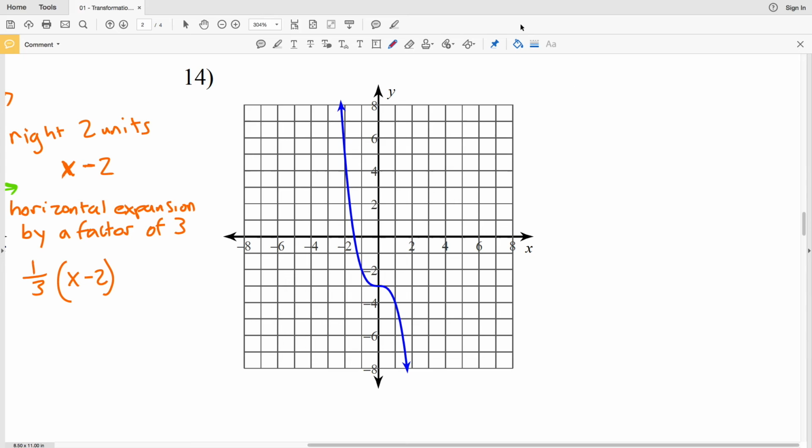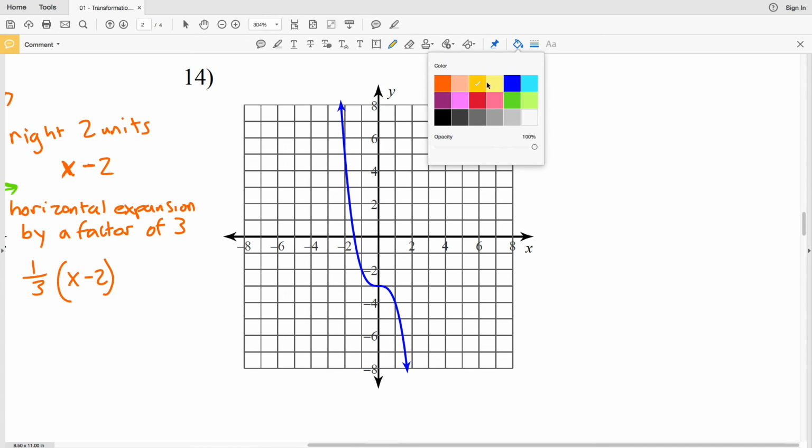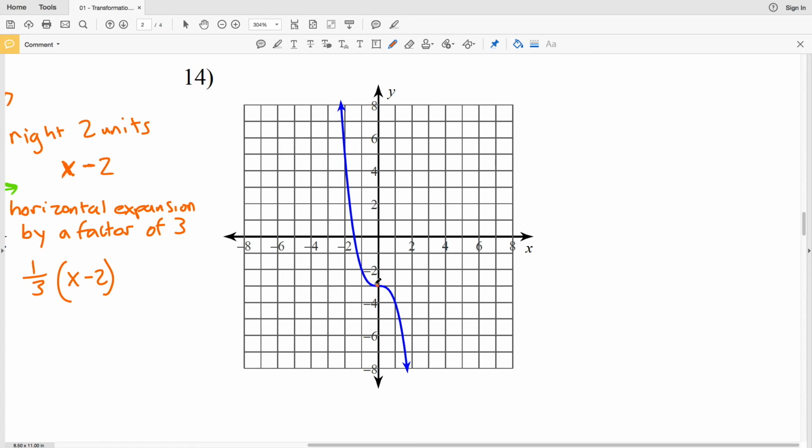Number 14, if we think of power functions, it's going to be an odd power because it's not symmetrical. But in order to figure out the parent function, let's first translate this back up 3 units. So it was translated down 3 units, so I'll write that. So now I'll redraw this function, translating the points back up 3 units. And like I stated before, we know that it's an odd power because it's not symmetrical.